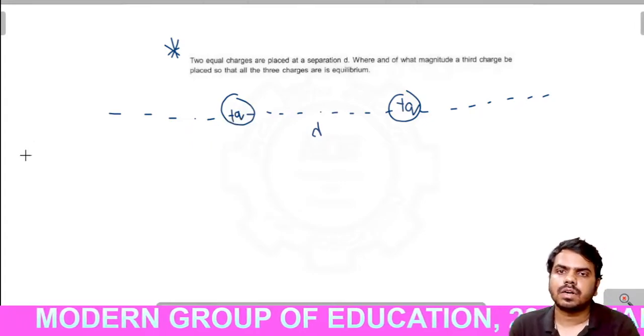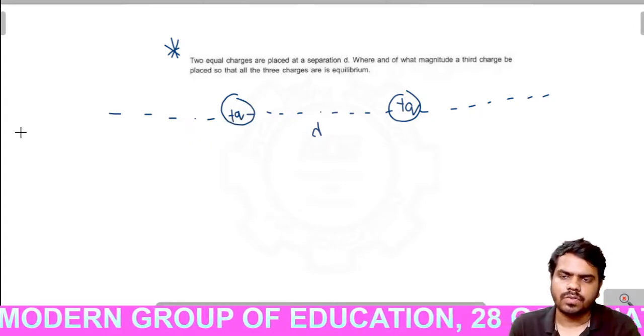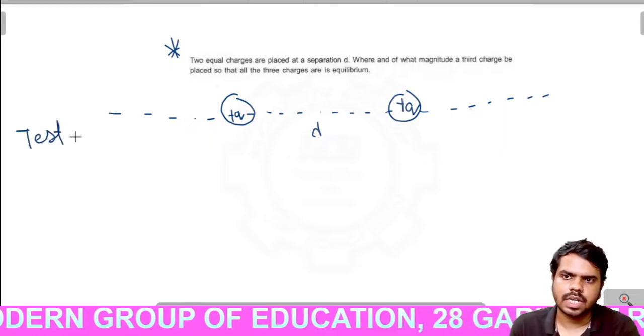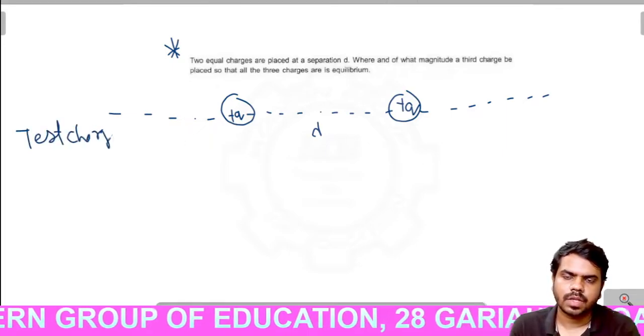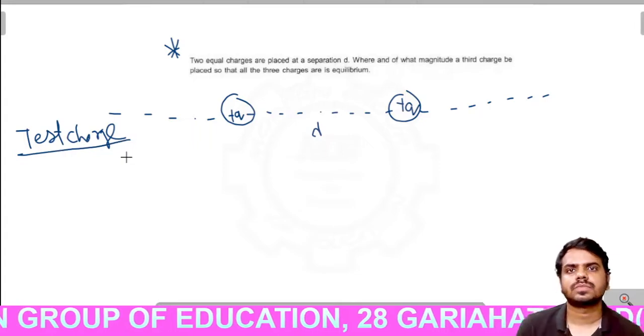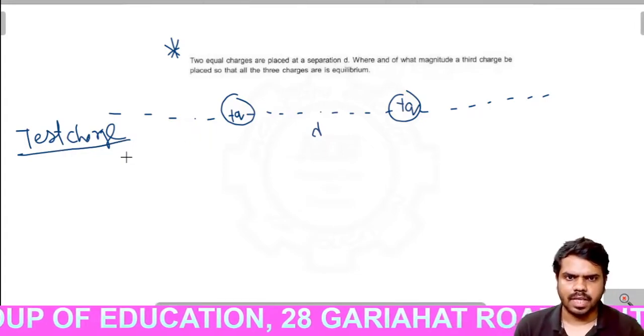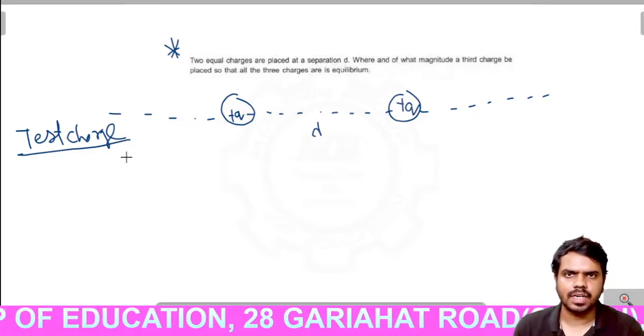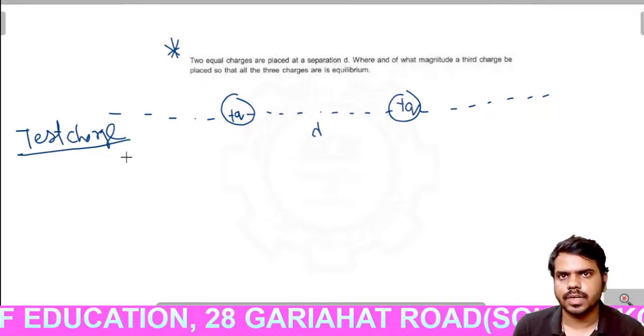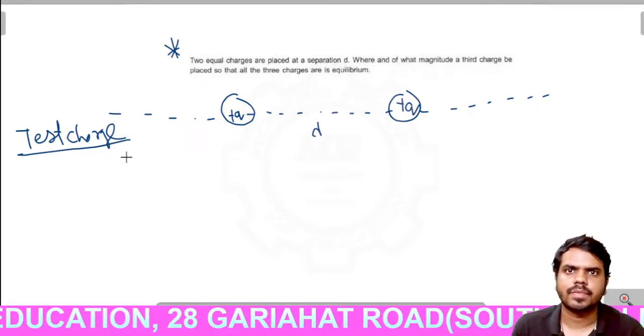Now here the concept of test charge comes in. What is a test charge? A test charge is a charge by the application of which we can find the electric field at any place.